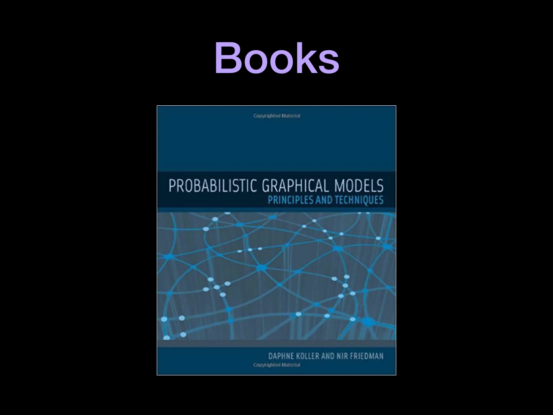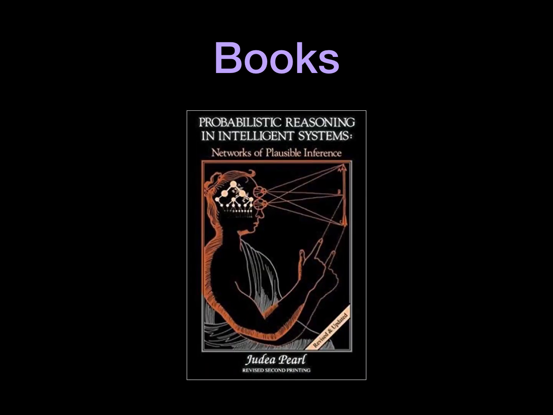One is called Probabilistic Graphical Models, a very recommended book to have on your shelf. And I will also be using Probabilistic Reasoning in Intelligent Systems, which is another fantastic, older introduction to the statistics related to graphical models and other statistics that we will be using throughout the course.